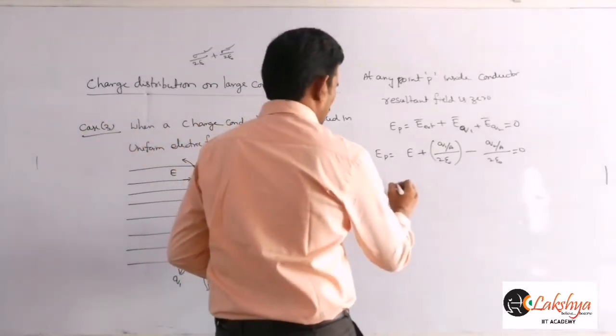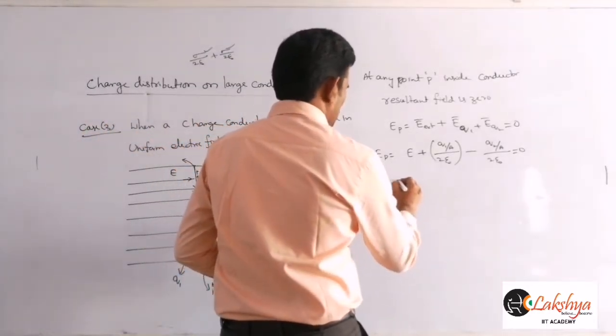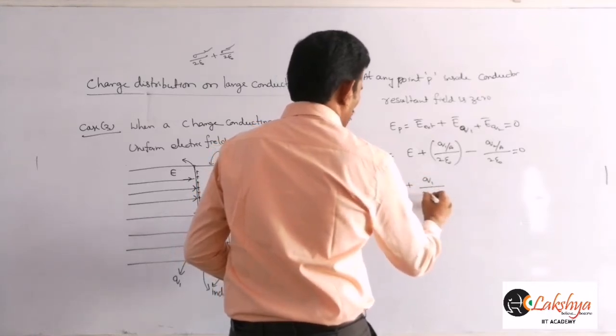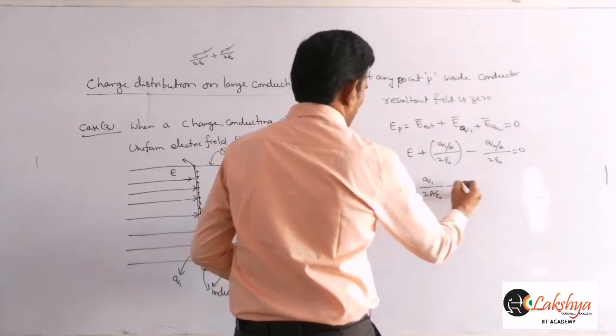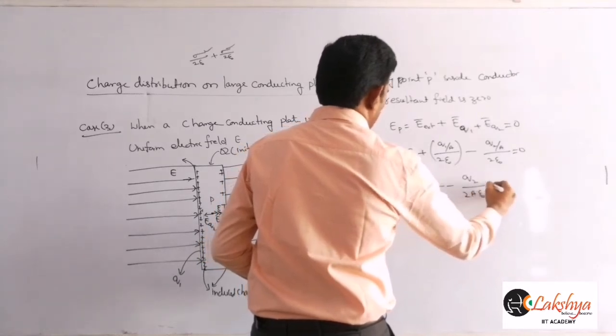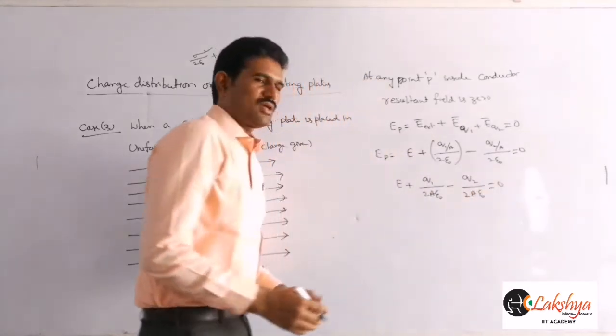And so therefore I can write this finally as E plus Q1 by 2A epsilon naught minus Q2 by 2A epsilon naught is equal to 0, right.